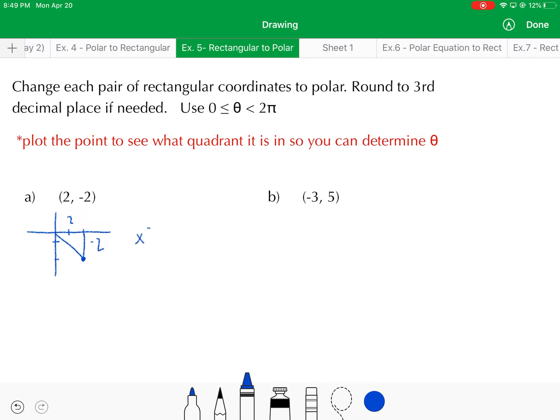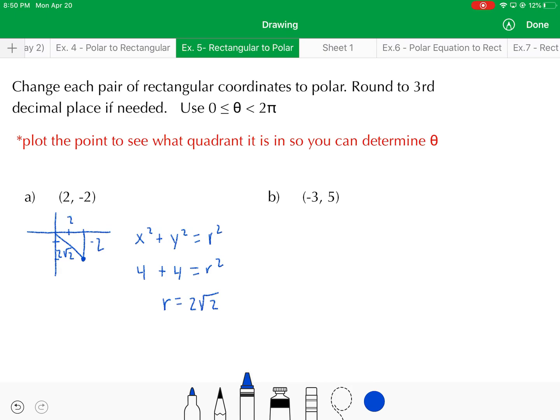That's going to be the easy value to find. You can just simply find it with x squared plus y squared equals r squared. So x squared would be 4, y squared would also be 4. That's going to make r the square root of 8, which is 2 radical 2. So let's label that in my picture.